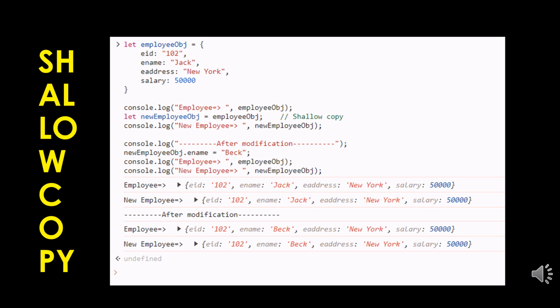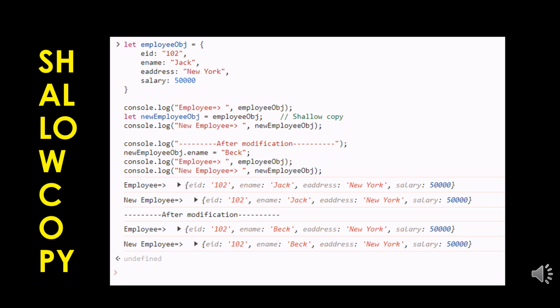We have an employee object here. It has eid 102, ename Jack, address New York, and salary as 5,000. When we console log the employee object, we can see the same information that we have stored above: eid as 102, ename as Jack, address New York. And to create a shallow copy, we just use the equal operator, as I already told you.